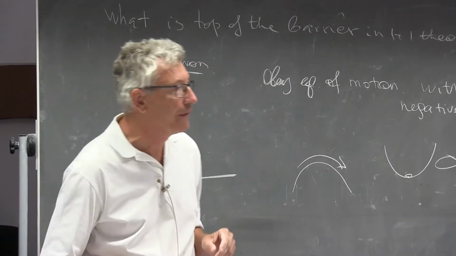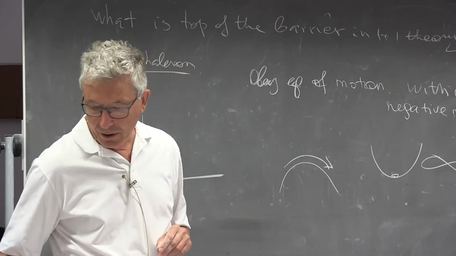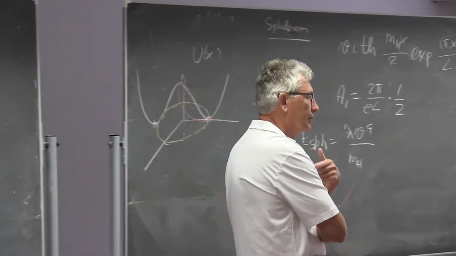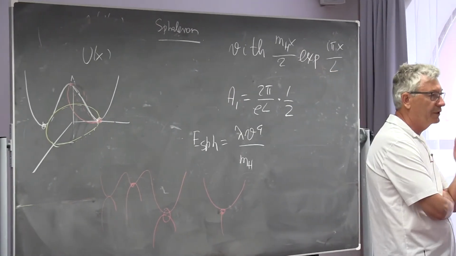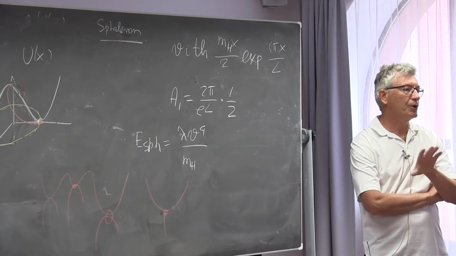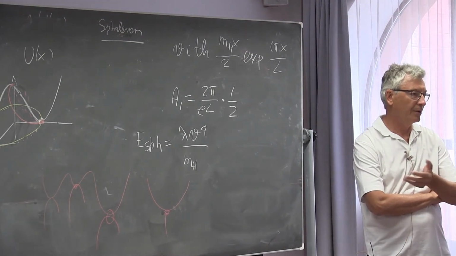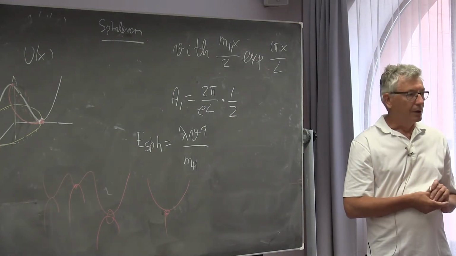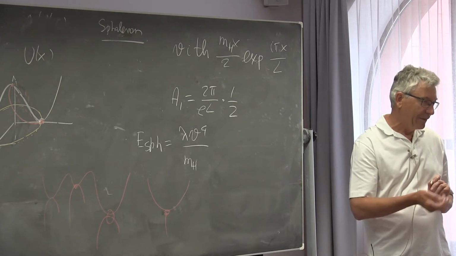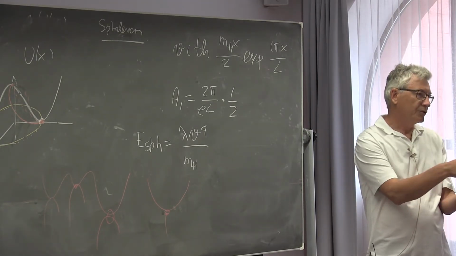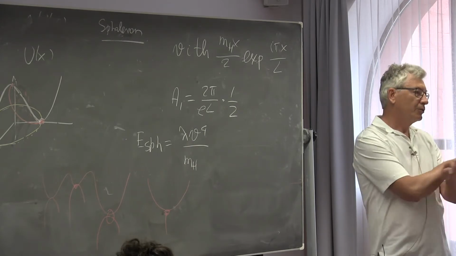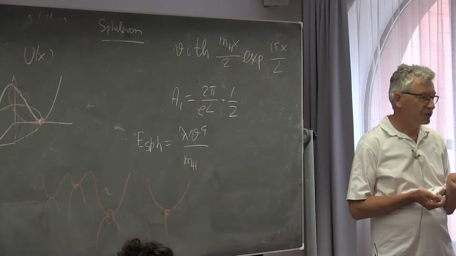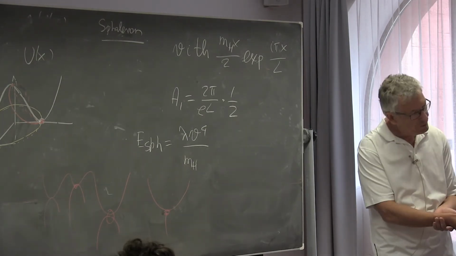How do you see that this has precisely one negative mode? No, then you have to do a computation. This is a straightforward computation which you can do around any type of classical solution. You take the action of your system, put in your classical solution plus small fluctuations, linearize, make it quadratic, and look at the second-order differential equation for perturbations.